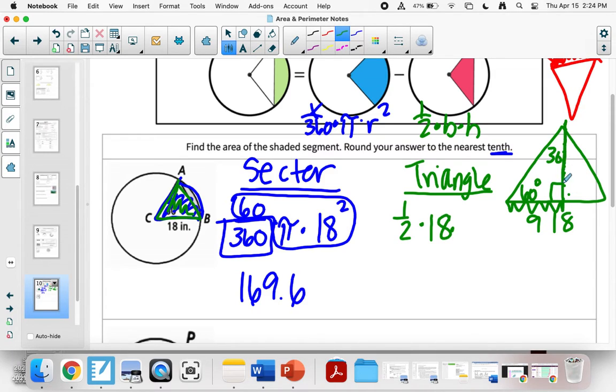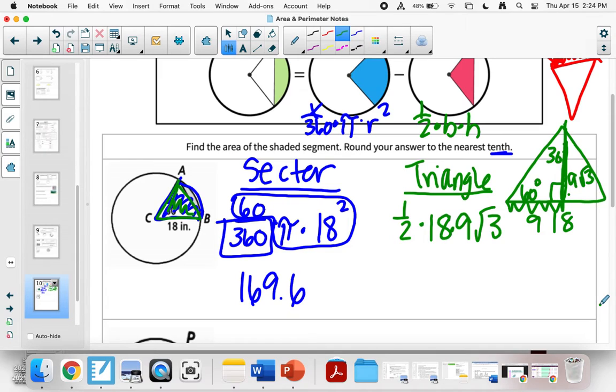So to find the height, what would my height be? 9 square root of 3. Good. So our height of this triangle is 9 square root of 3, and the base of the whole thing is 18. To find the height, we used our special right triangles.